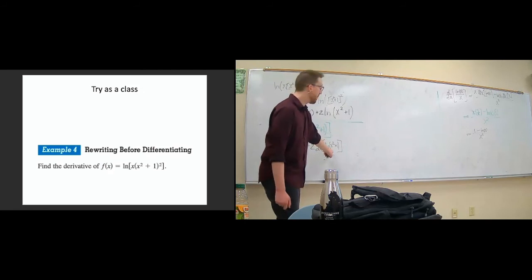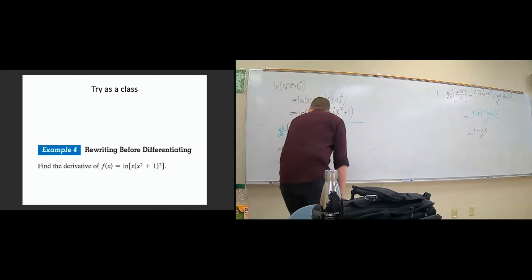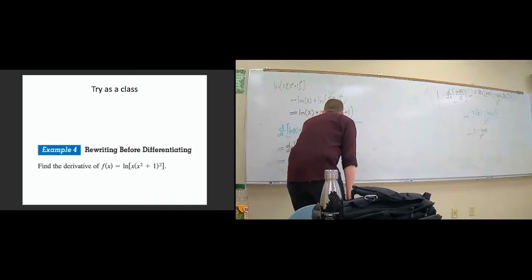Well, the derivative of the ln of x squared plus 1 is going to be a chain rule, right? So we're going to have 2 times 1 over x squared plus 1 times the derivative of x squared plus 1.